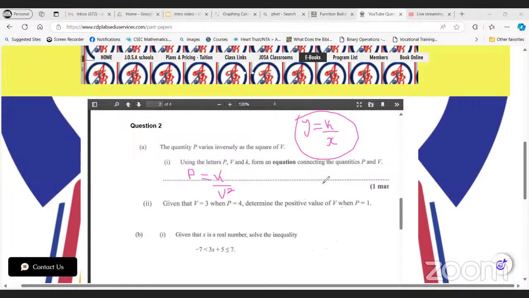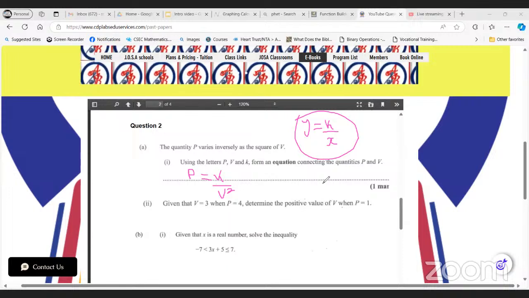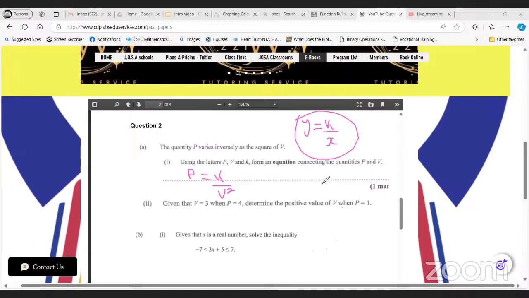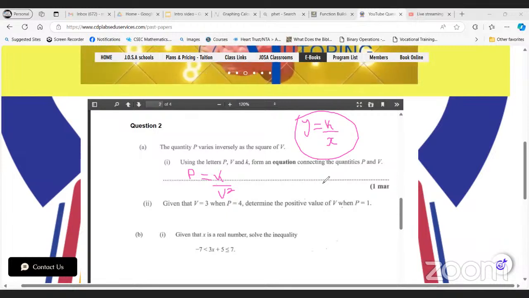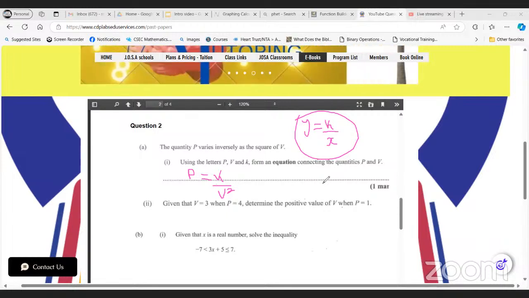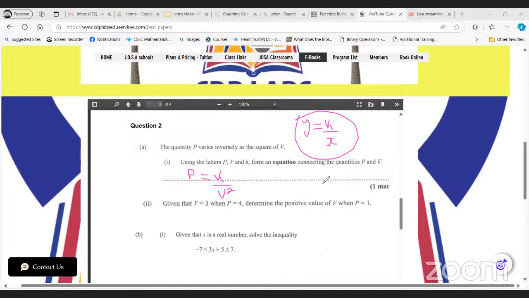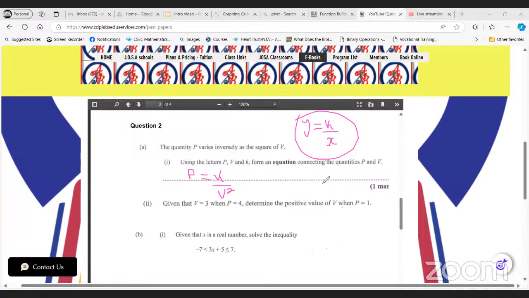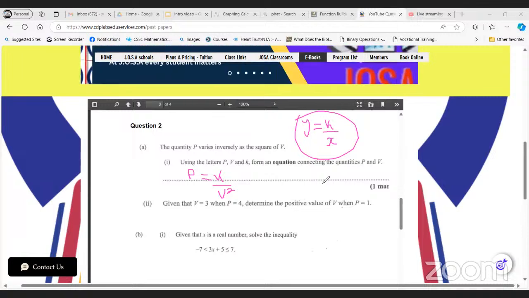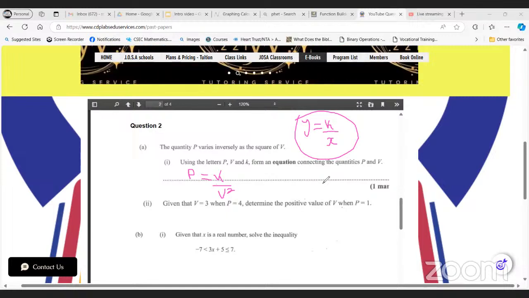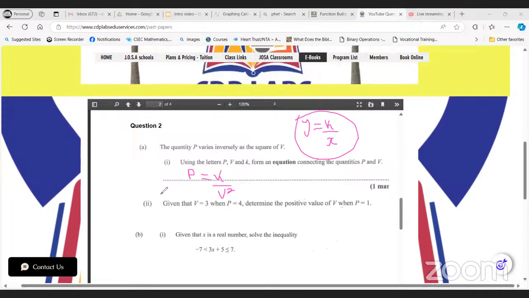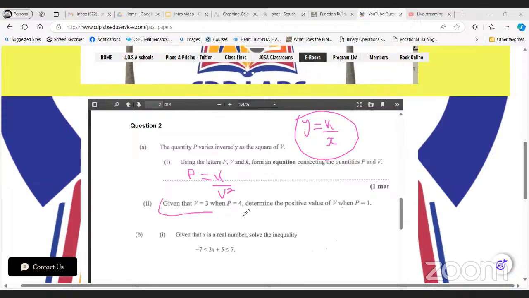Now, part 2 says that given that V is equal to 3 and P is equal to 4, determine the positive value of V when P is equal to 1. Now, first, before you can arrive at your answer, you would have to find the value of the constant. How then do we find the value of the constant? To find the value of the constant, we should use the information given here first.